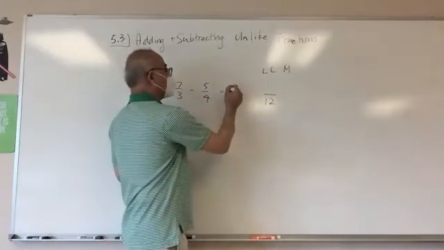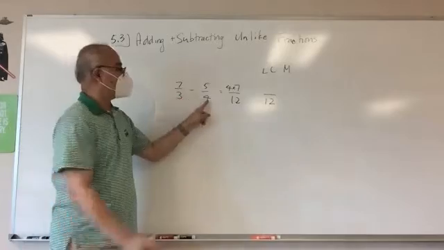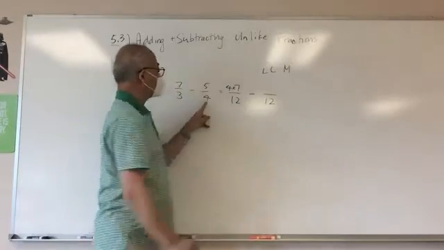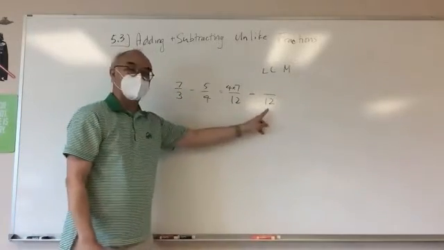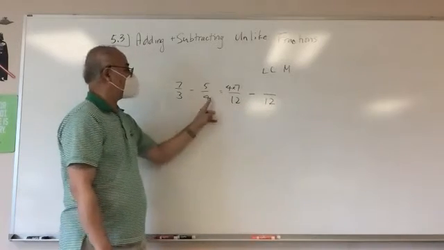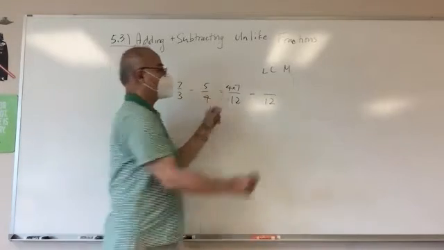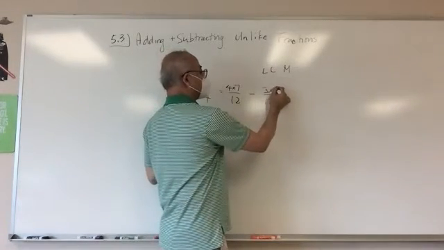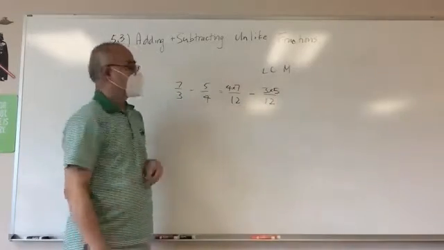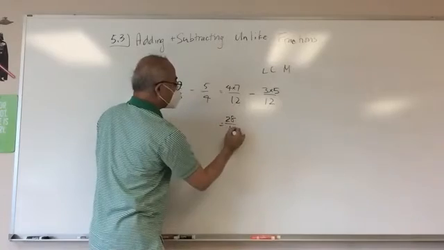So you're going to have 4 times 7 here. And over here, to go from 4 to 12, I had to multiply by 3. So since I multiplied this guy by 3, I have to multiply this guy also by 3. So it's going to look like this. When I convert, I'm going to get 28 over 12.